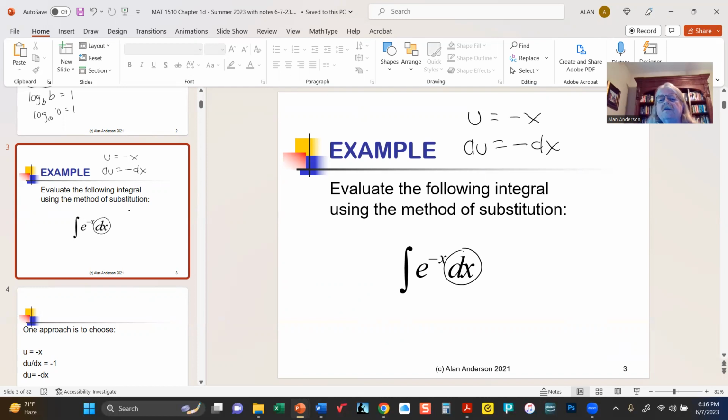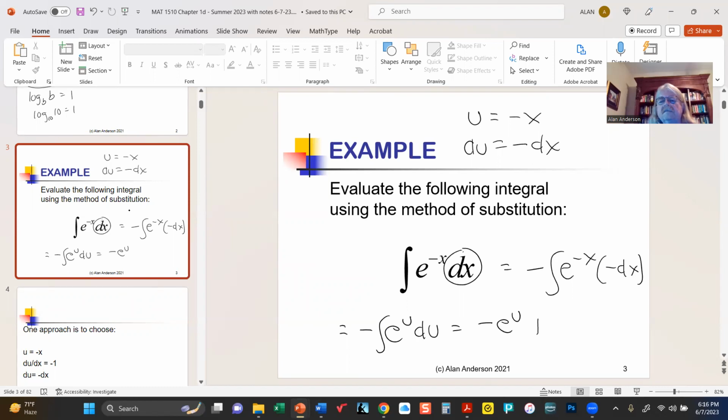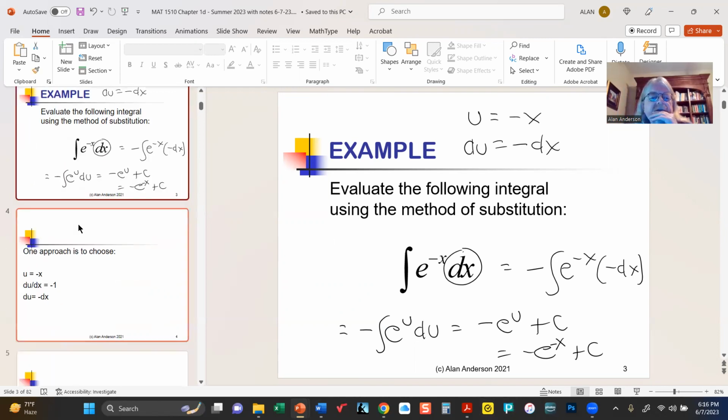So what we need to do here is supply that negative so that we can write this now as minus e to the u du. Okay, so we end up with just minus e to the minus x plus c.